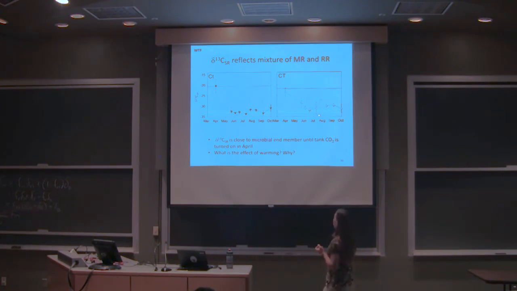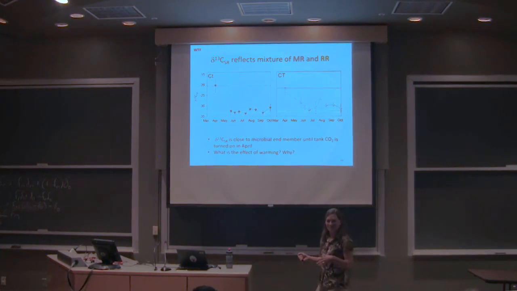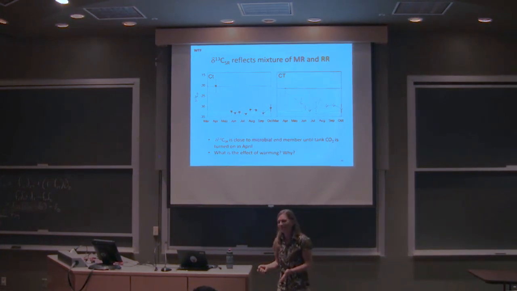So using this method, we see that warming stimulates decomposition, and we can tell that because the delta C13 of soil respiration is closer to the microbial end member in the warm plots than in the non-warm plots. Can you guys see that? It's totally intuitive. You don't have to solve the mixing model. Of course we do have to solve the mixing model, but you can just look at the data, and that's why us isotope geeks like to just look at the raw data.